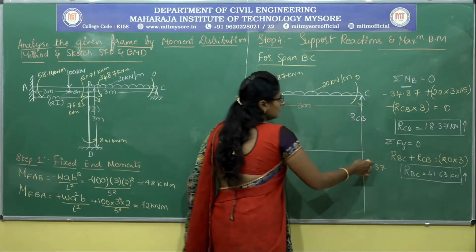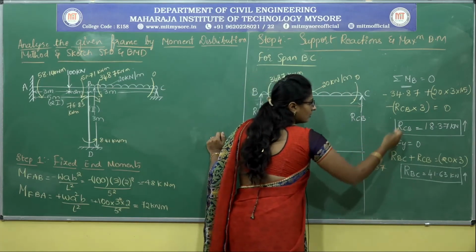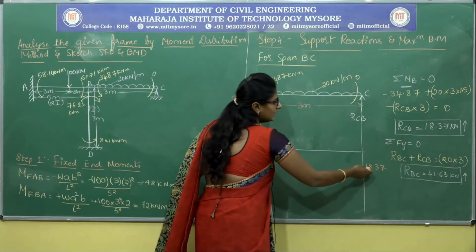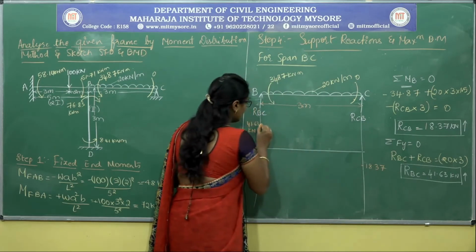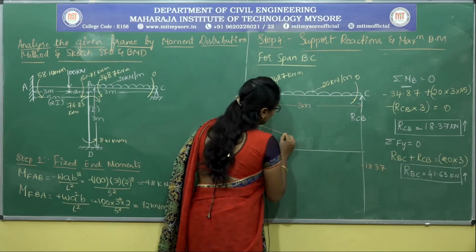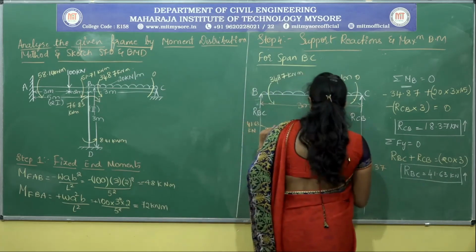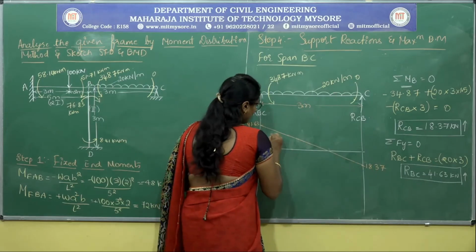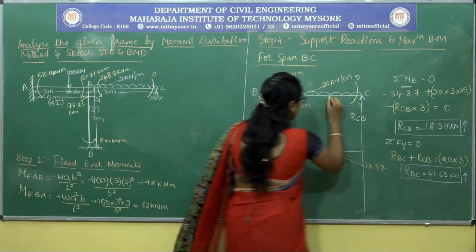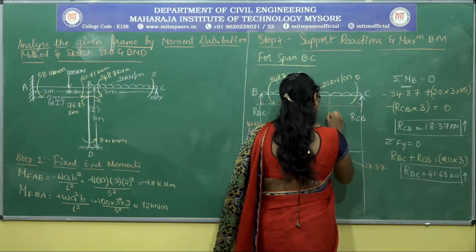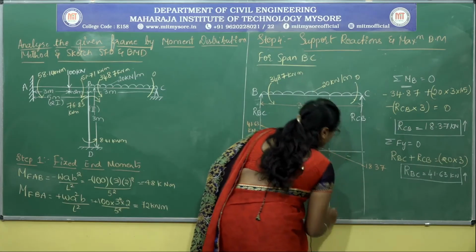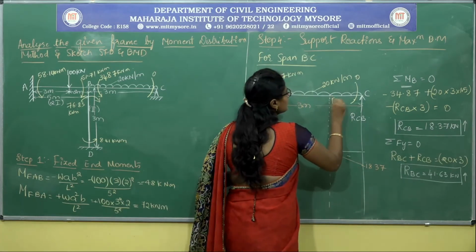Then reaction at CB is again plus 18.37, minus 18.37 plus 18.37 will be 0. So, join this. This is the point where we get maximum bending moment. So this I consider as F.